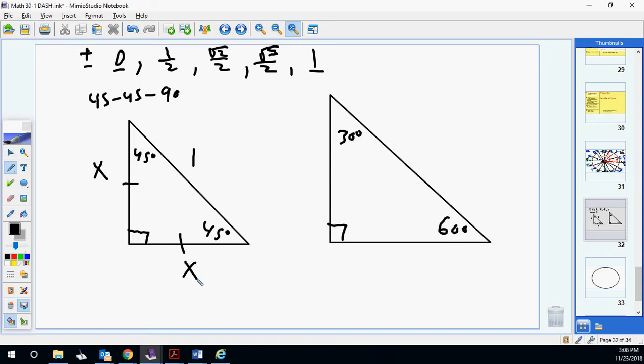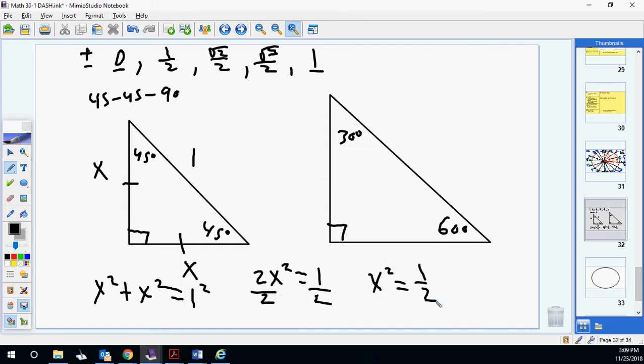So x squared plus x squared equals 1 squared. x squared plus x squared is 2x squared equals 1. Divide by 2, so we get x squared equals 1/2. Square root, and that gives me x equals 1 over root 2.